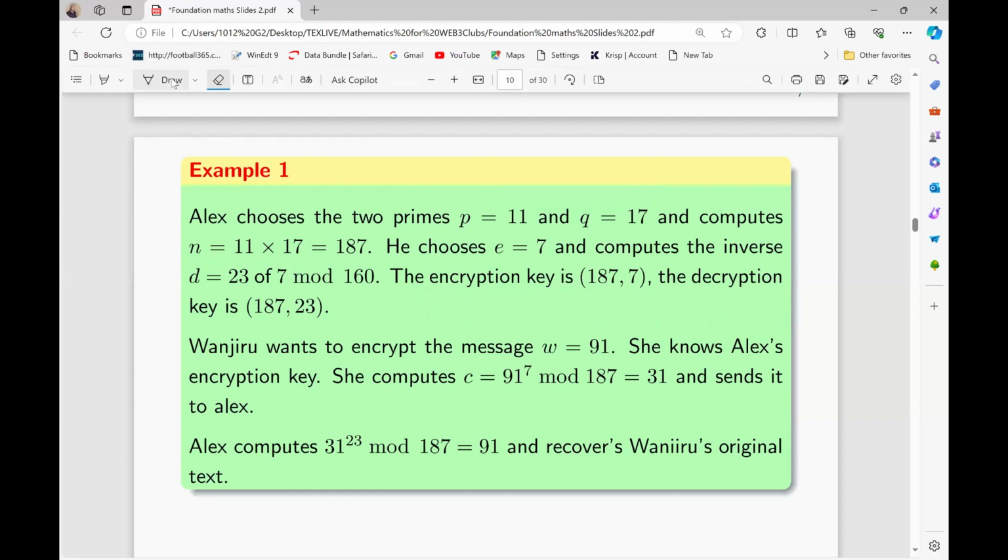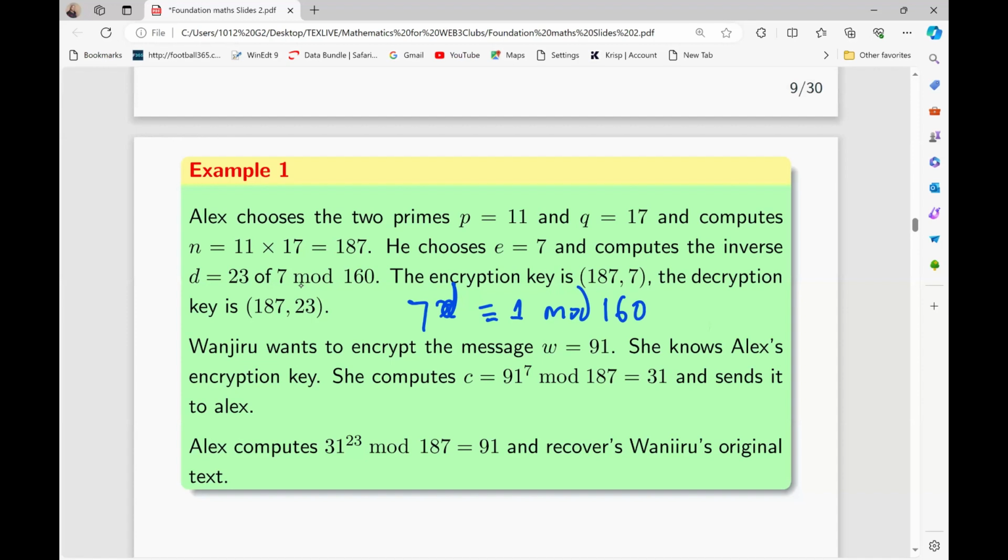We've said there are 2 ways. We want to get a D such that 7 times D gives you 1 mod phi of M, and phi of M we found to be 160, so mod 160.